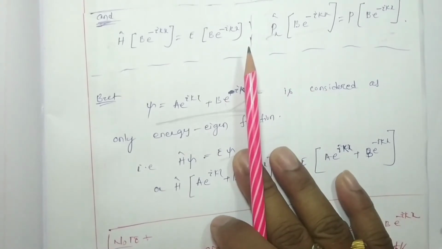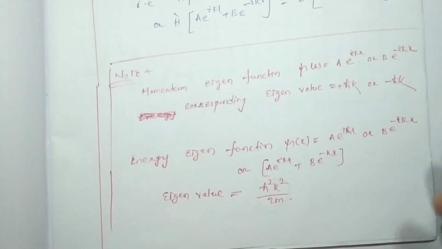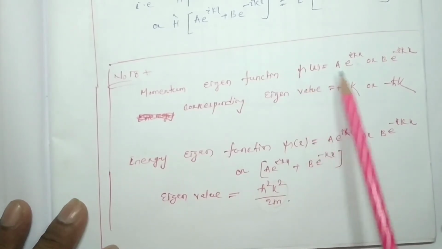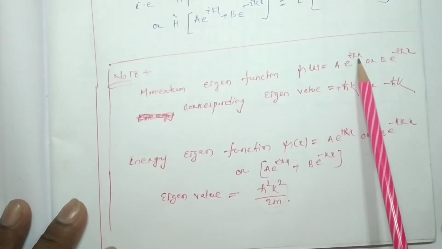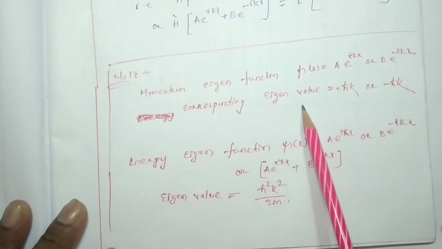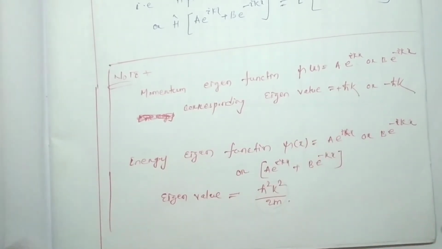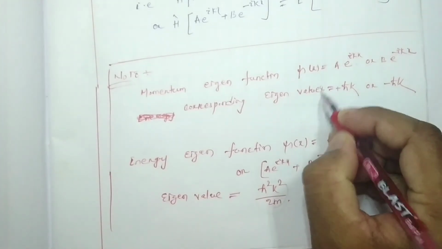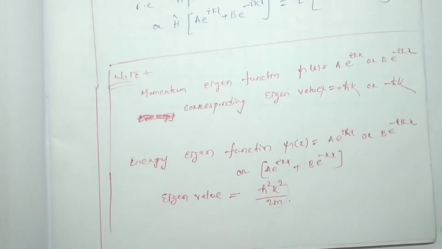So in short, I have written in the note that the momentum eigenfunction will be considered as either a e to the ikx or b e to the minus ikx. The corresponding eigenvalues are plus h cross k or minus h cross k.